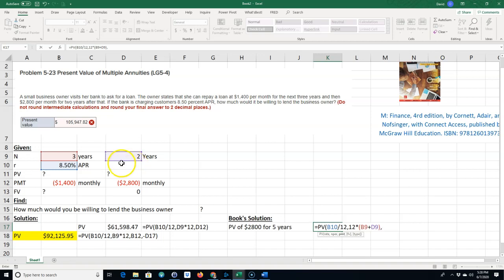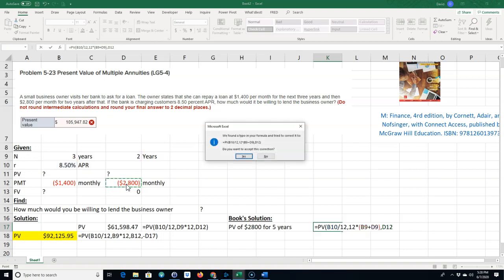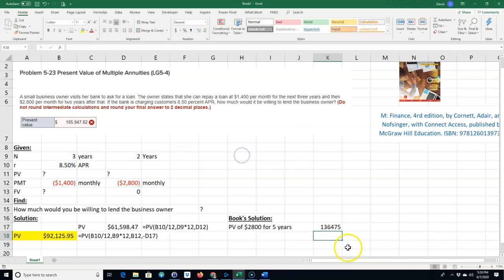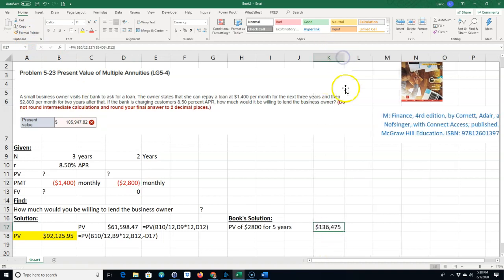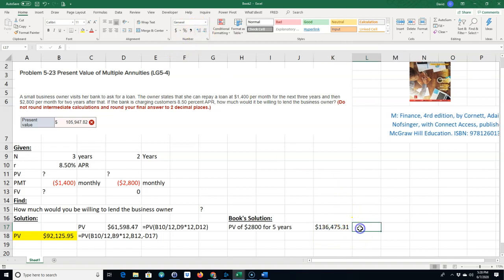And the payment is $2,800, and there's no future value. Oops, I forgot to put the parentheses. Let me copy this format so it formats it as dollars, and click between these two to auto fit this. Let's take it out 2 more places, and let me put the formula in here.